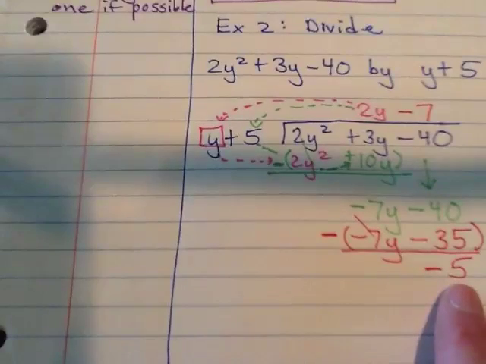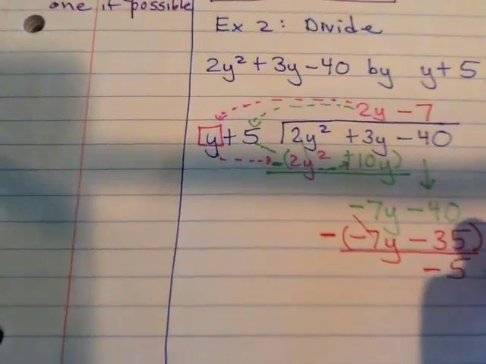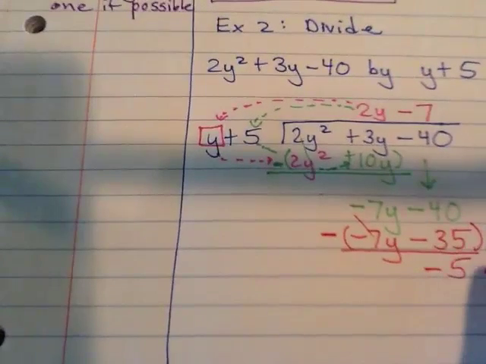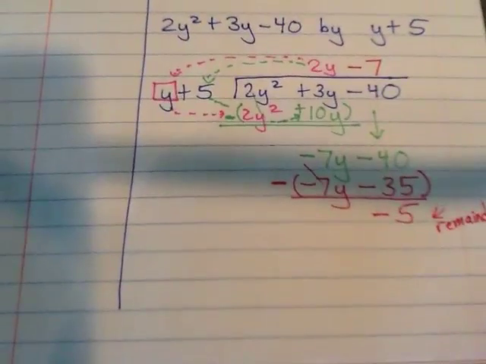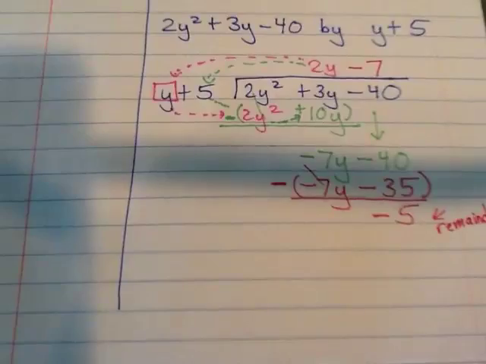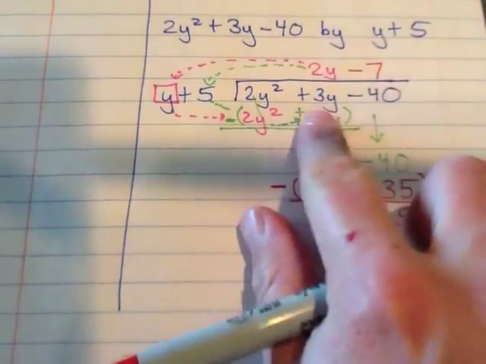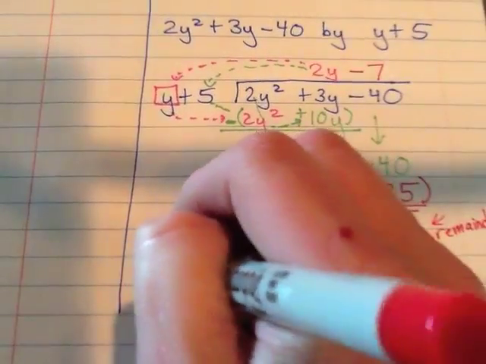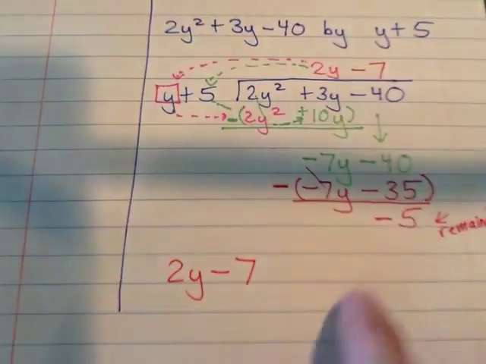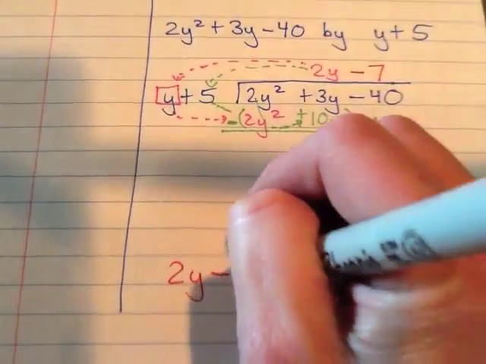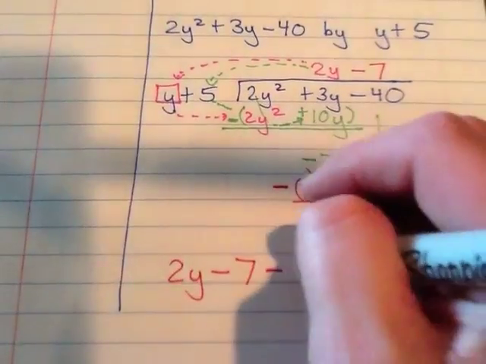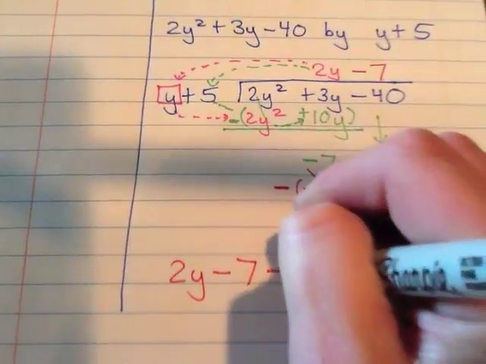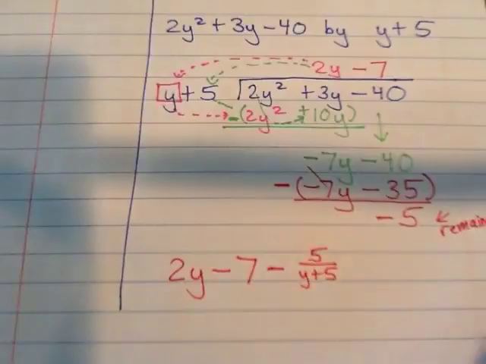You should have said no, it doesn't, and the reason is this is your remainder, just like we used to have a long time ago in long division. So your final answer to this is 2y minus 7, and then just like you've done in the past with remainders, minus 5 over y plus 5. And you're done.